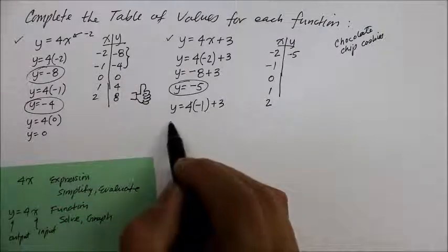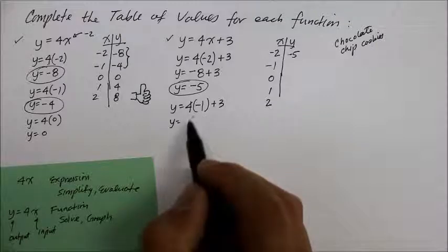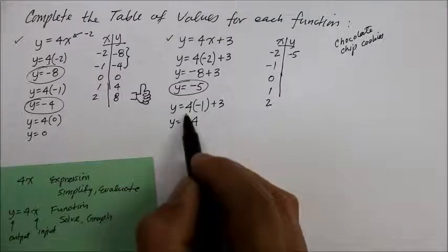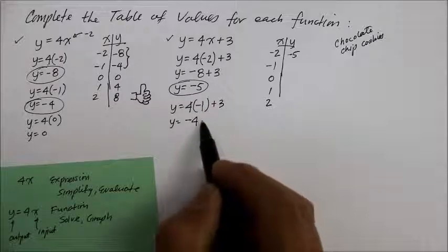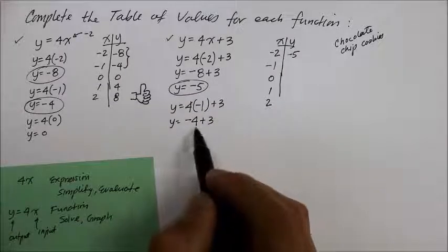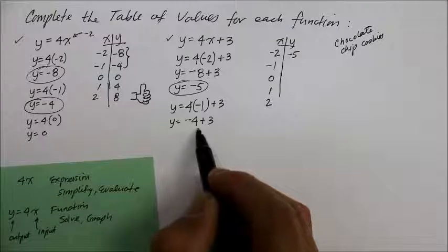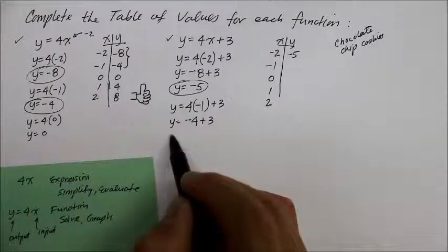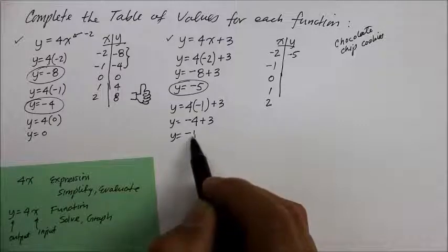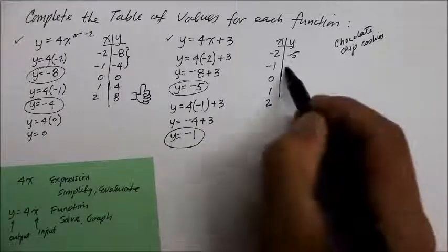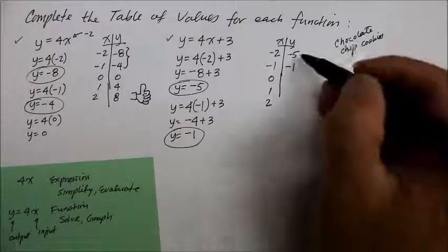Let's check. 4 times negative 1 is negative 4. Remember? Positive and negative, when you multiply, is a negative. Now here it says you owe the bank $4, and you put in $3. You don't owe as much as before, but you still owe them $1, a negative 1.